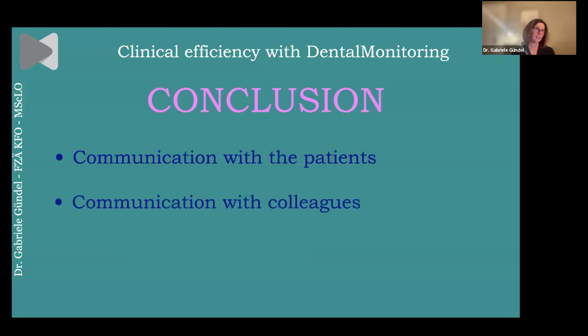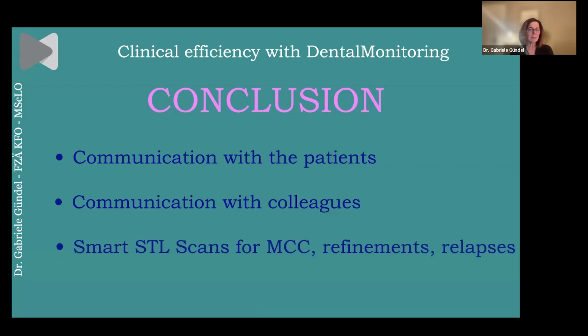Communication with the patients: I showed you the case with the traumatic incisors. This was really very heartfelt communication with the patient. We can communicate with colleagues also, and with the smart STL scans, we can do our mid-course corrections, our refinements, our little relapses very, very easily.